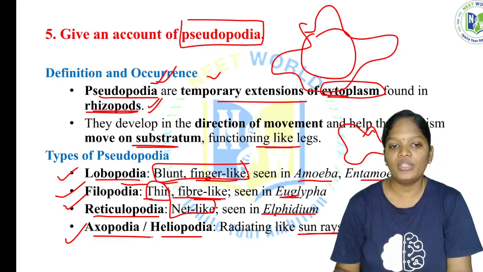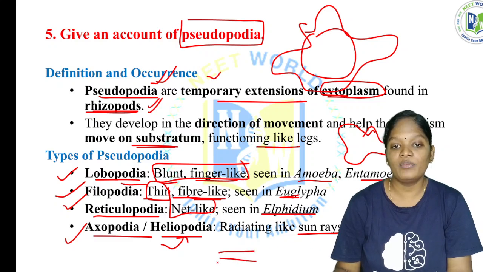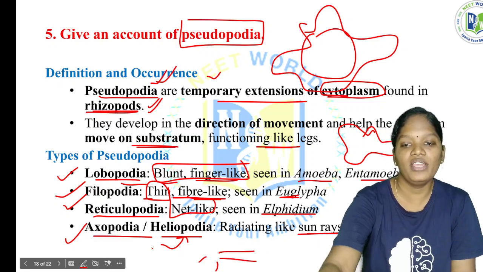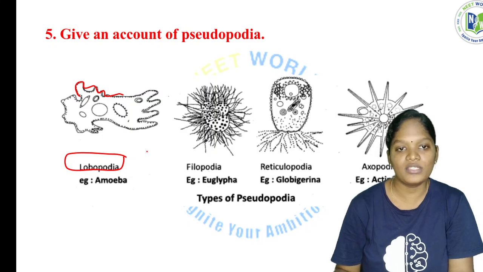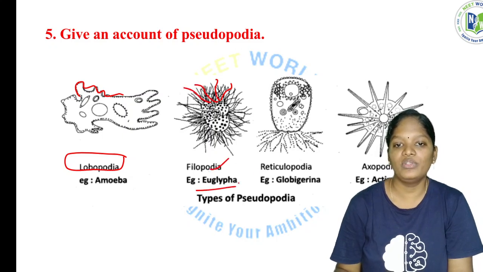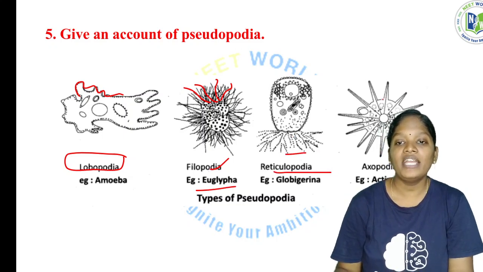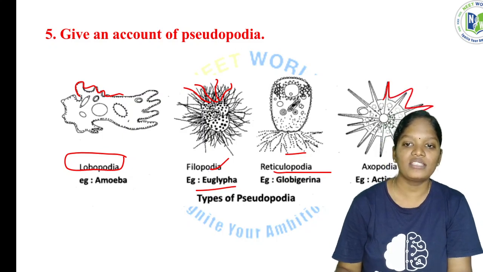It is a sharp structure, which is why the names axopodia and heliopodia. In lobopodia, the structure is very blunt, so it seems like lobes. Filopodia look like a fiber, as in euglena. Reticulopodia are net-like structures, which is why we call them reticulopodia. Axopodia look like sun rays and are seen in the actinophores.